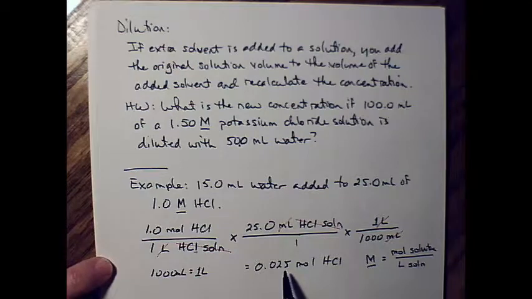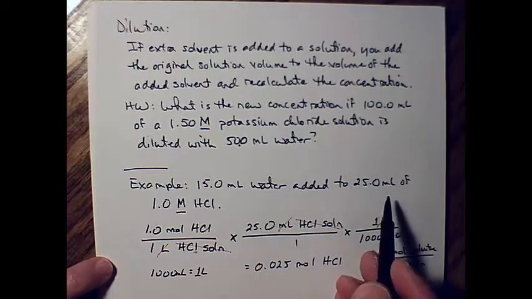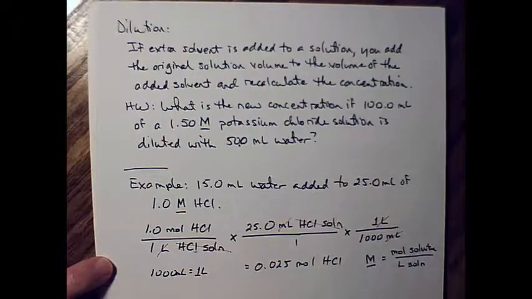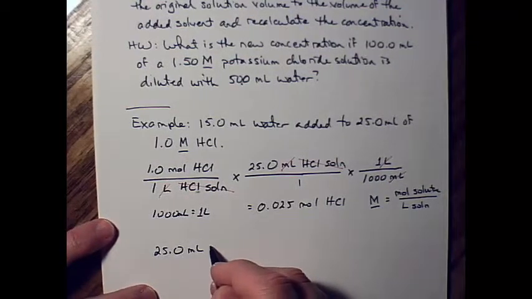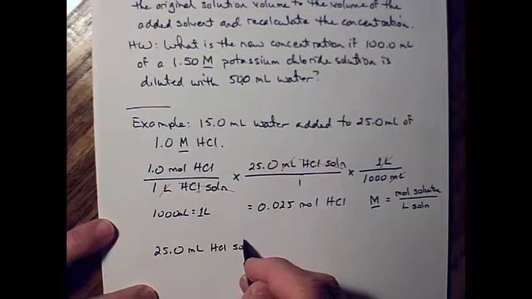Now we're going to add together the volume of the solution to the volume of the added solvent. Our original solution had 25 milliliters of this HCl solution.